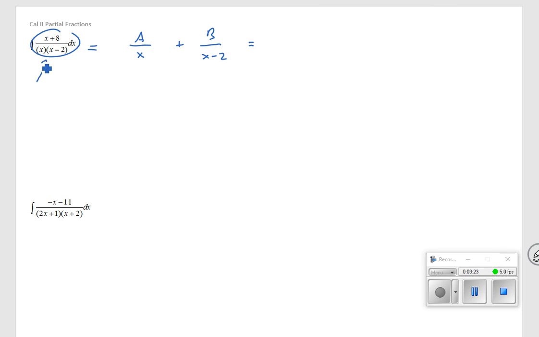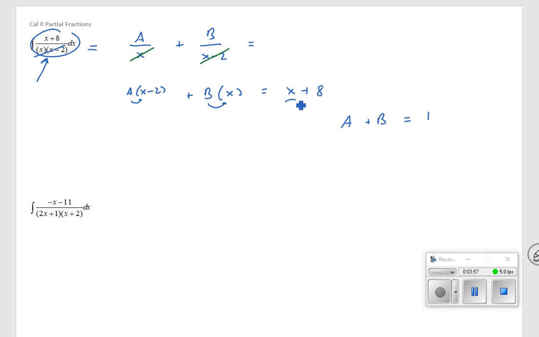And when I multiply both sides by that equation, I get a times x minus 2, because that canceled out, plus b times x, because that canceled out, equals x plus 8, because both of those canceled out. Equating coefficients, I have 1a plus 1b equals 1. Those are the coefficients of x.